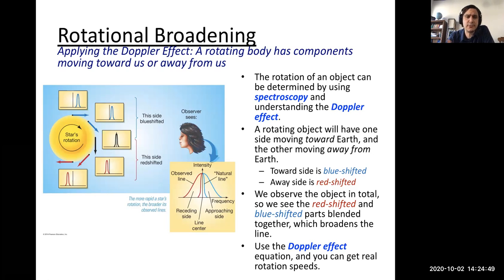So we can figure out the rotation period of this star. We can figure out how the star is rotating. So rotational broadening. So we can determine the rotational state of not only stars, but of things like galaxies as well. This is what Vera Rubin used to determine and give us an indicator of dark matter.